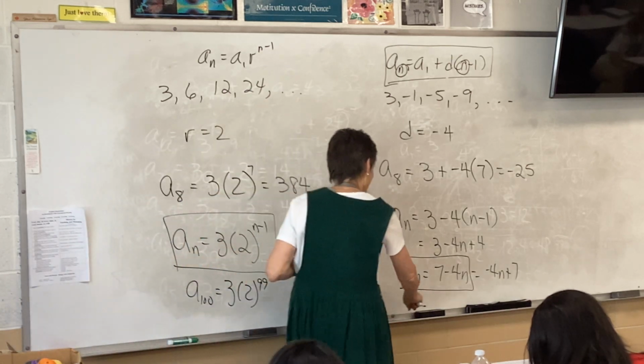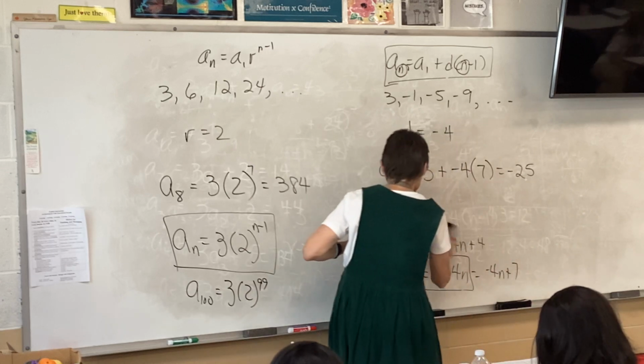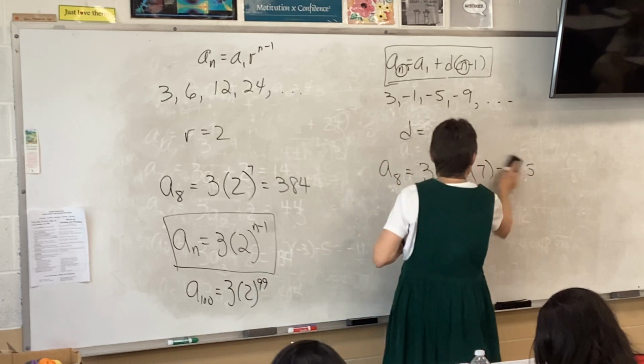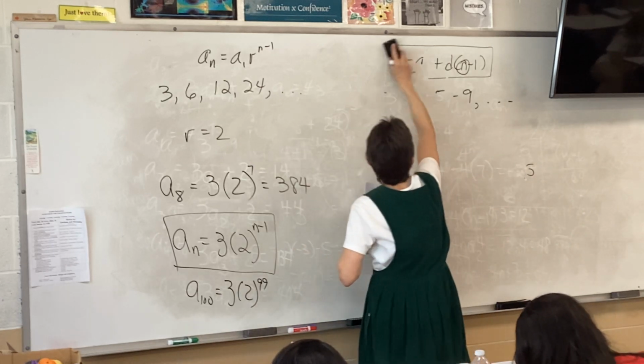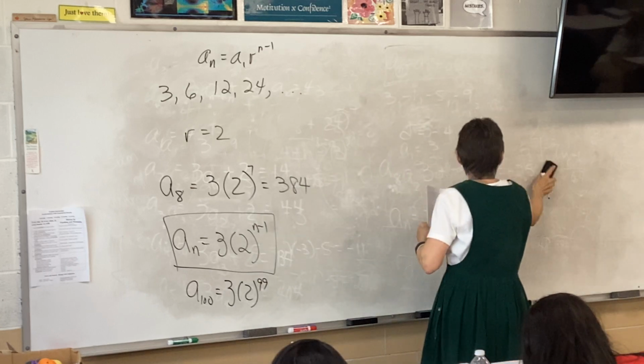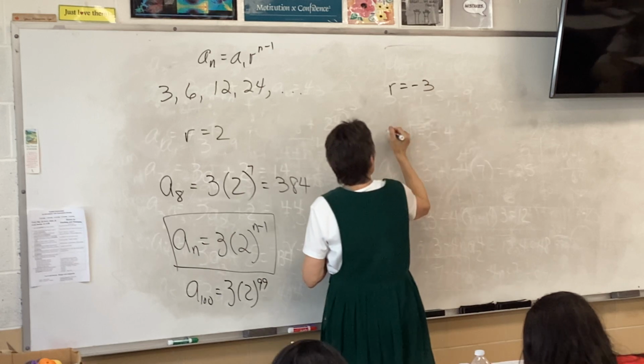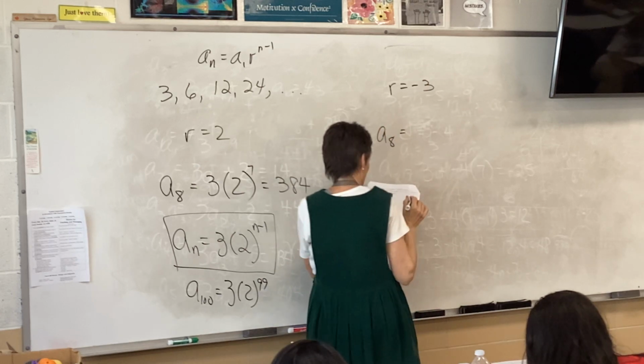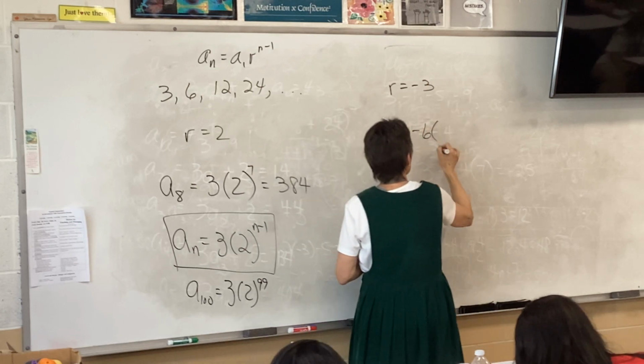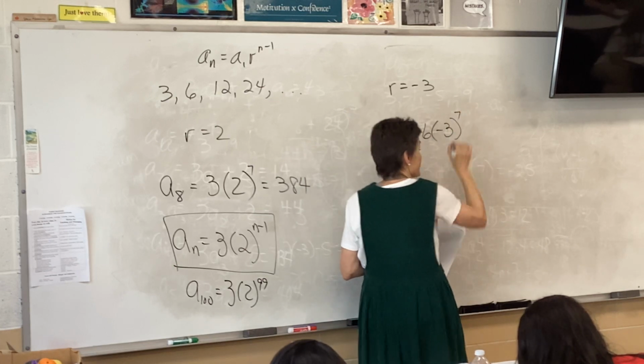Okay, how about the next one? What's going on in the next one? Problem C. Geometric with a common ratio of -3. Ratios can be negative, not a problem. So the 8th term will be the first term times the common ratio to the 7th.